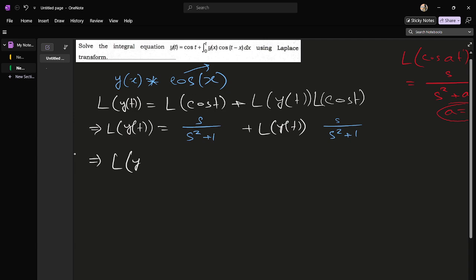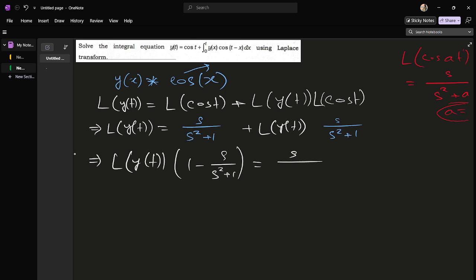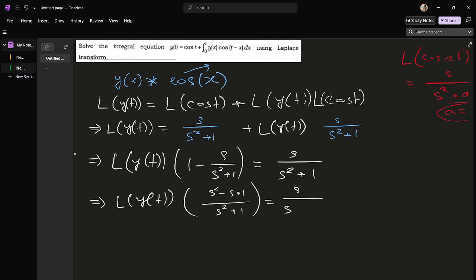Then we are taking the Laplace of y(t) on the LHS. We can easily take the denominator the same and cancel them out. By doing this, our denominator is now cancelled out.